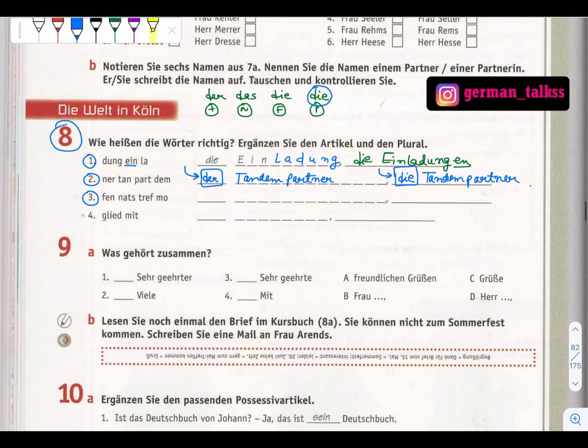Drei, das Monatstreffen. And this one is plural, so again I will write die and Monatstreffen. Again, by looking at the article I can guess: okay, here I use die, so this one is plural, and here I use das, so this one is in singular form.